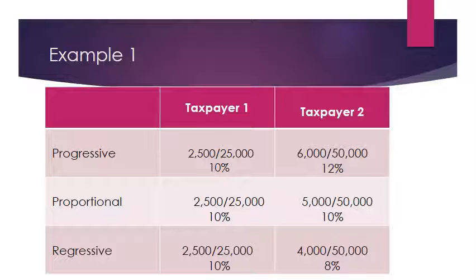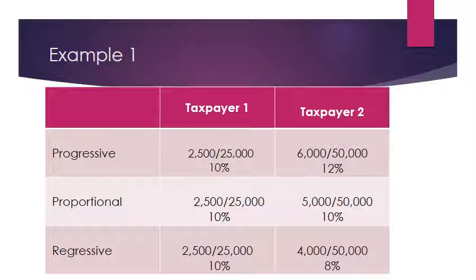And so this would be a proportional tax, because both taxpayers, even though they are earning different incomes, are paying the same effective tax rate. So it is not only judged in monetary terms.